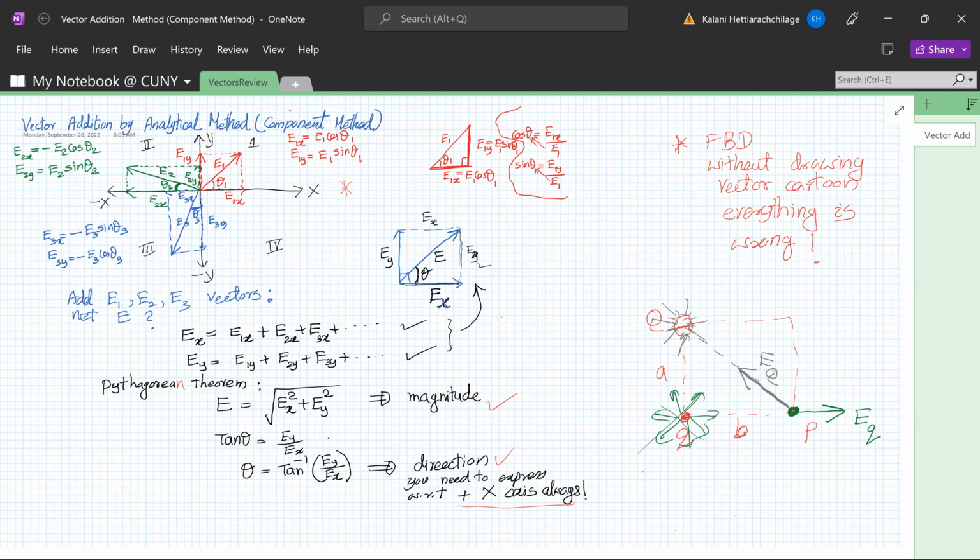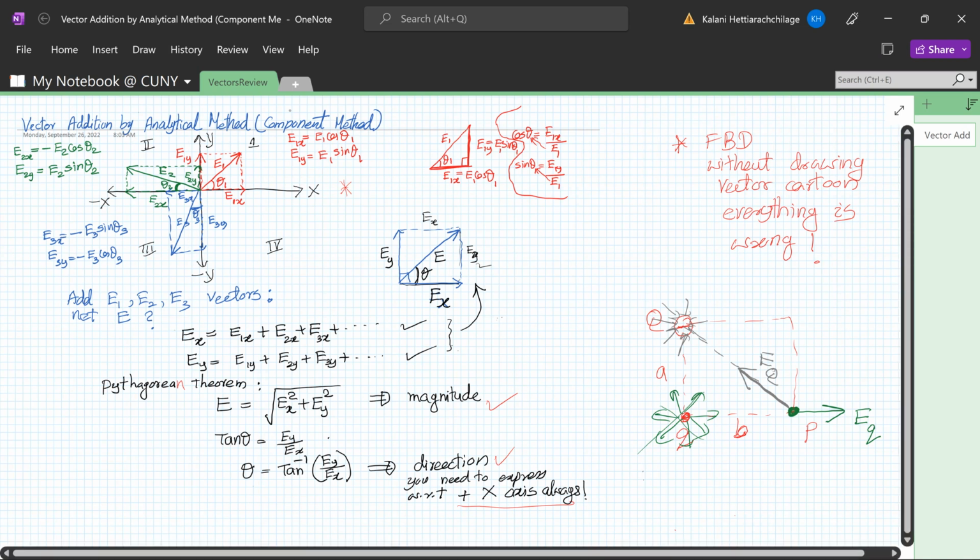This is the EQ, right? So now I have two vectors, but with these two vectors I am not able to use the Pythagorean theorem. Why? The Pythagorean theorem only works when you have two vectors perpendicular to each other. You see that? What I did in here was make all the vectors into perpendicular directions. That's what the component method is basically doing.